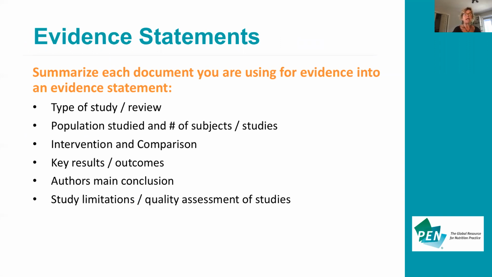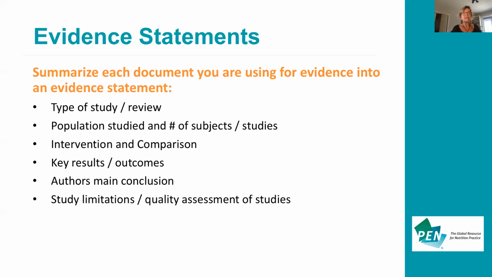It shouldn't be just a regurgitation of the paper's abstract. That might be too biased in terms of the information. You need to really be looking at the full text of the article and thinking about it. I always think about PICO when I'm writing the evidence statement.